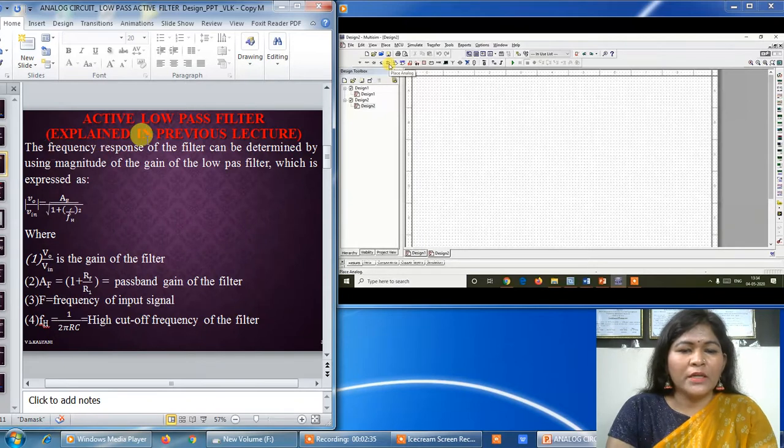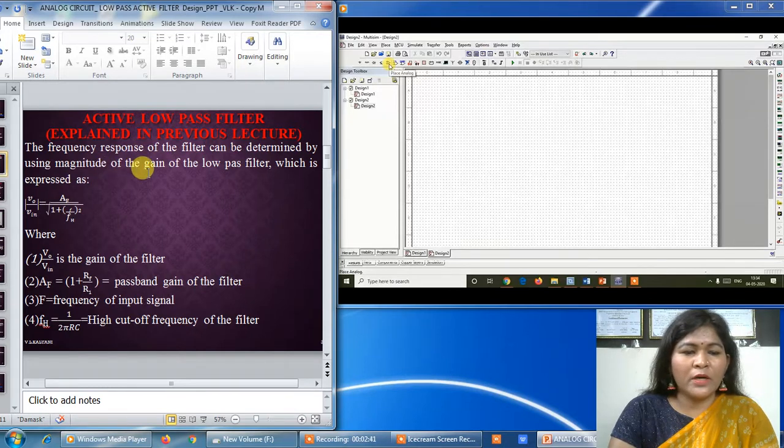Here, this is the gain magnitude equation of low pass filter. We had already discussed it in our previous lecture. Here, V naught upon V in is the gain of the filter, and AF is the passband gain of the filter, which is equal to 1 plus RF upon R1, because the low pass filter is used in the non-inverting mode.